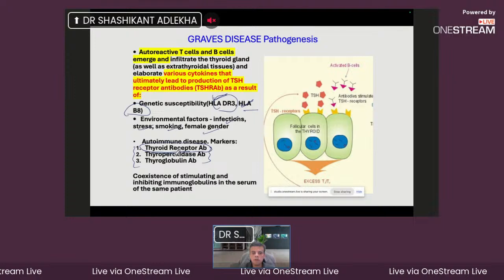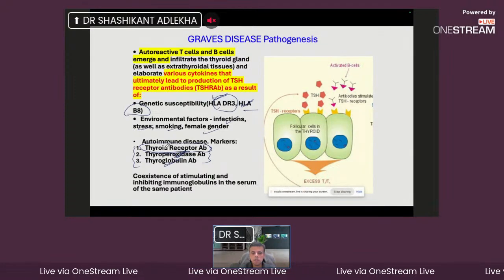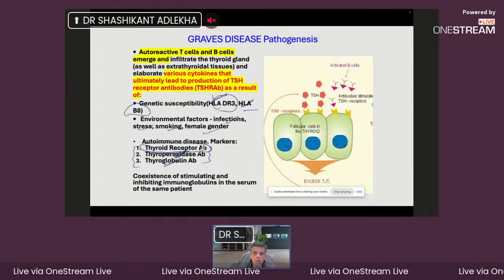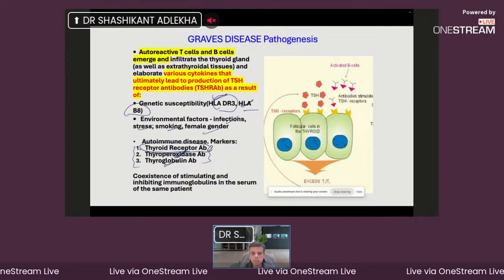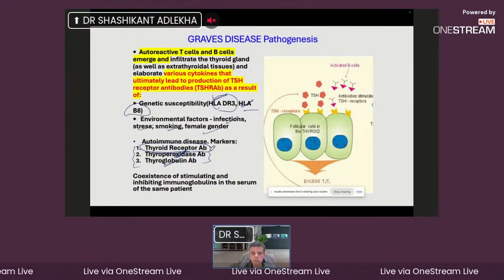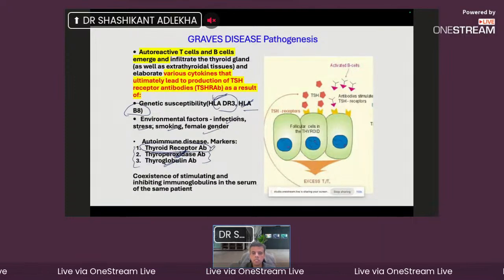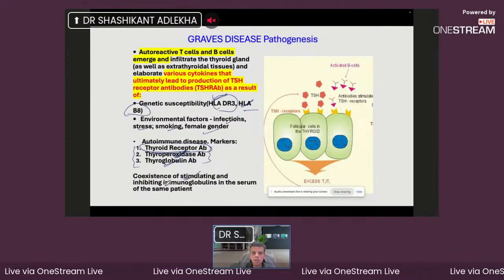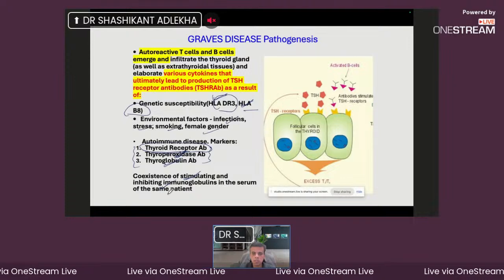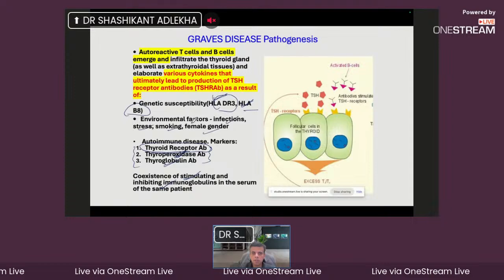Apart from that, TPO antibody and thyroglobulin antibodies are there, but out of these, thyroid receptor antibodies are more specific to Graves' disease, increasing the sensitivity of the TSH receptor to TSH and thereby augmenting T3 and T4 release. It is not uncommon to get stimulating and inhibiting immunoglobulins in the serum of the same patient. That is also common in this patient.